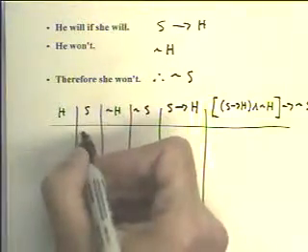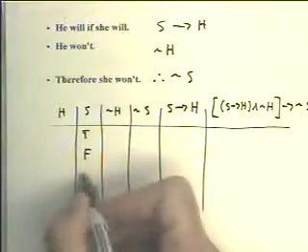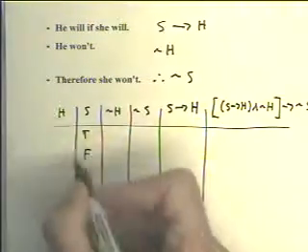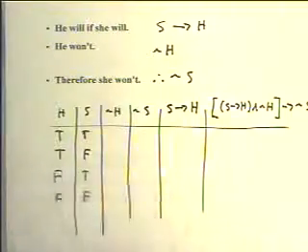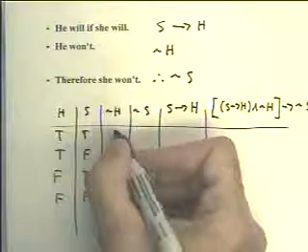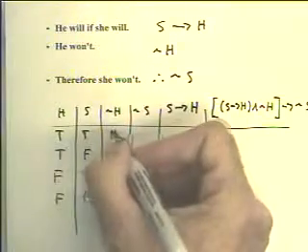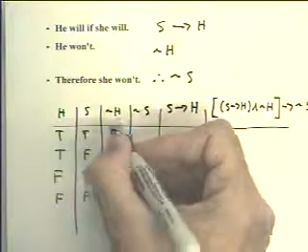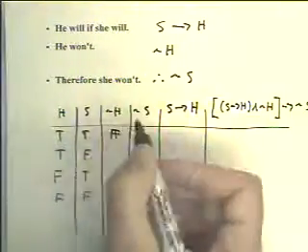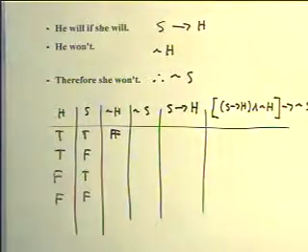Okay, there are only 4 lines in this table. Okay, so for the not he, we just negate the he's, and that's a false.